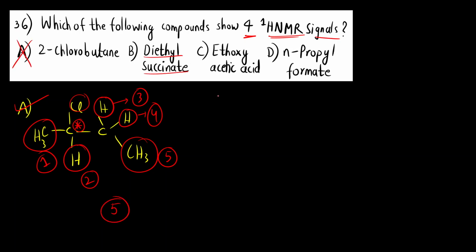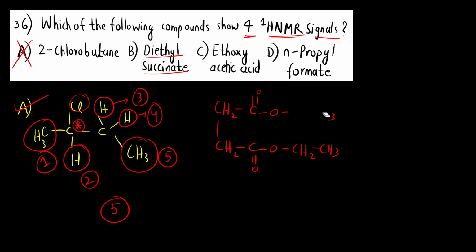Diethyl succinate. You must know the structure of diethyl succinate. CH2, C double bond O, O, CH2, CH3. Okay, CH2, C double bond O, O, CH2, CH3.